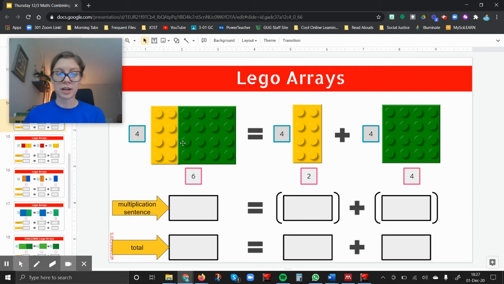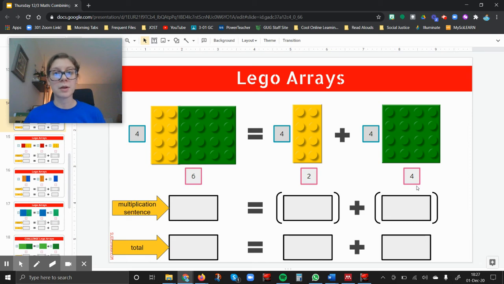I can always check this by saying, okay, my rows are all the same, but look, 6 is equal to 2 plus 4. Is that true? Yes, 2 plus 4 equals 6. So I know that I can break this larger array with 6 columns into a smaller array with 2 columns and another smaller array with 4 columns.